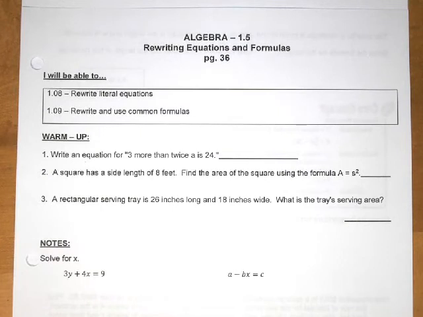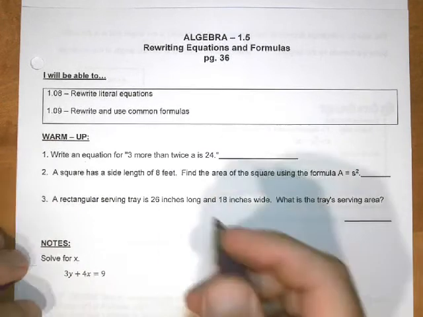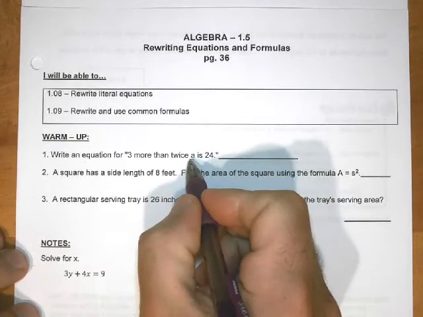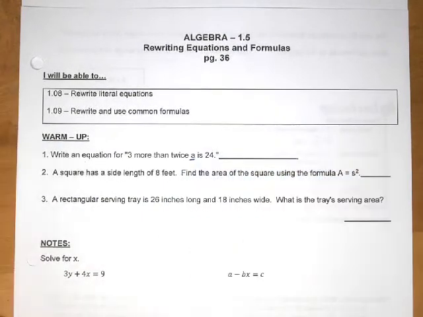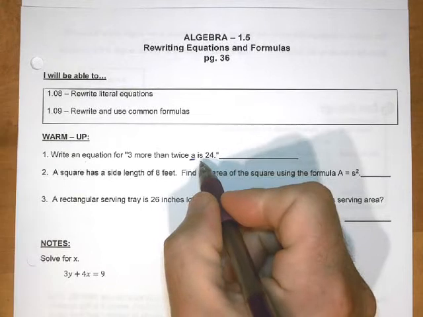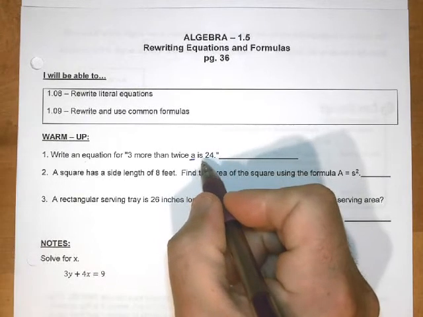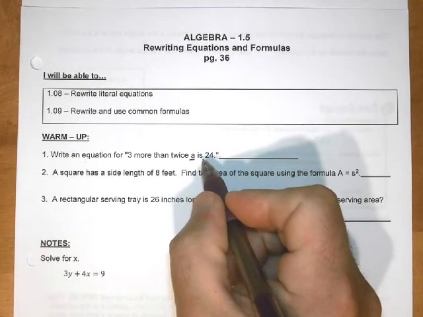In this first one it says, write an equation for 3 more than twice A is 24. We're using the letter A in this question. Some pointers: is acts like an equal sign most times.